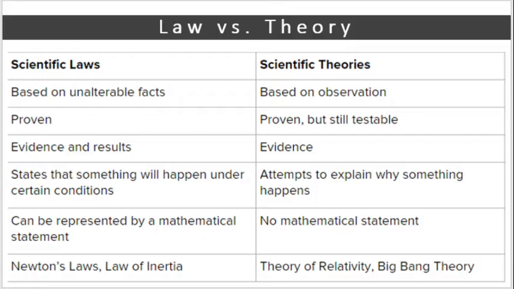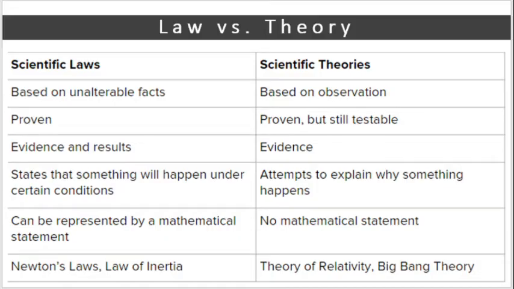Scientific laws and theories are proven, but scientific theories are still testable. Both have evidences, but unlike scientific laws, this has result. Scientific laws and theories are supported by a large body of data, evidences.